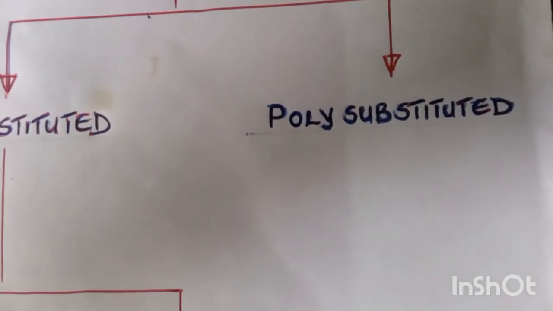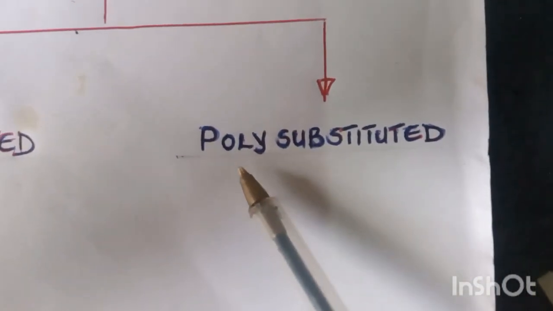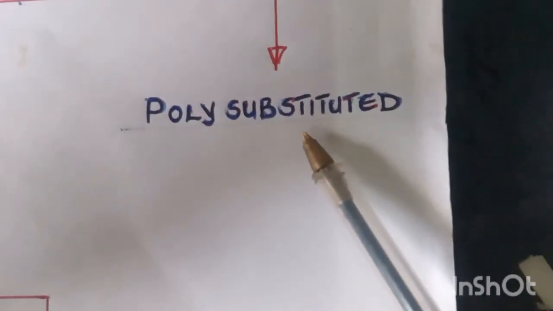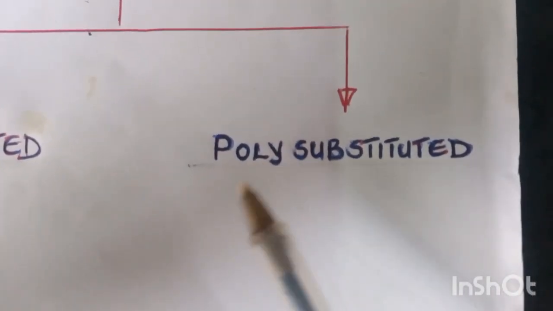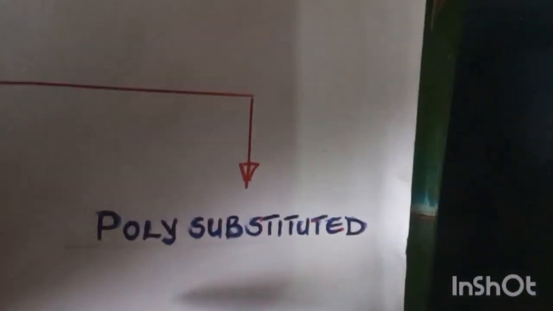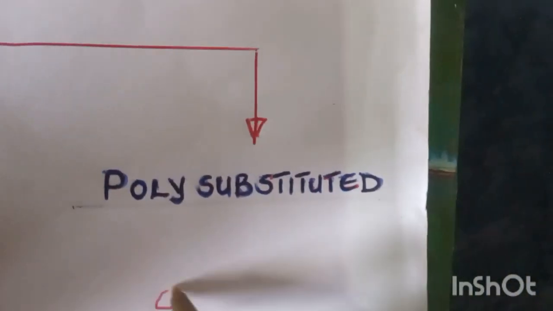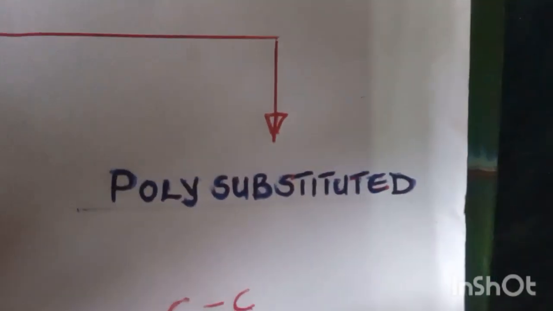But if the halogen atoms present in the haloalkane are more than one, then it's now considered a polysubstituted haloalkane. Examples include compounds like 1,2-dibromoethane.